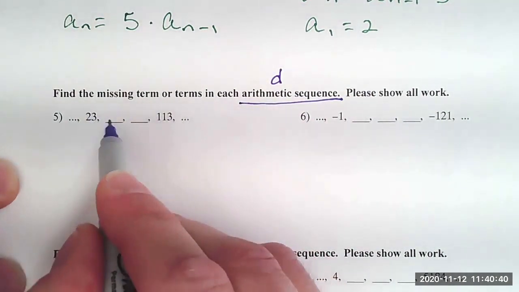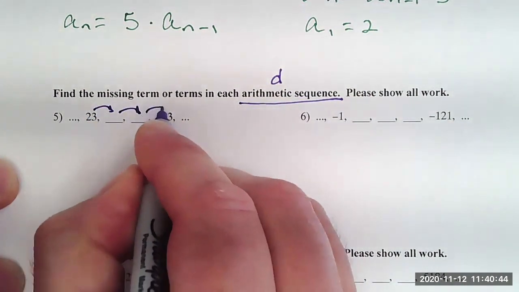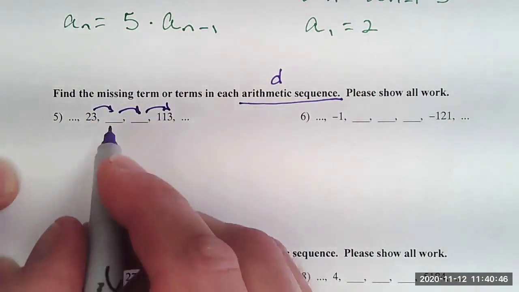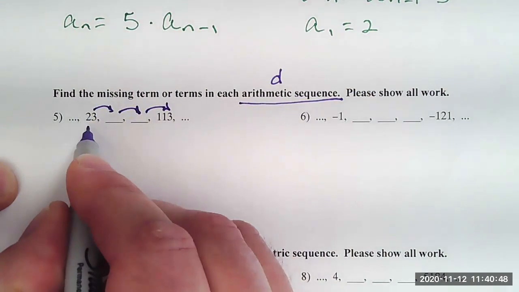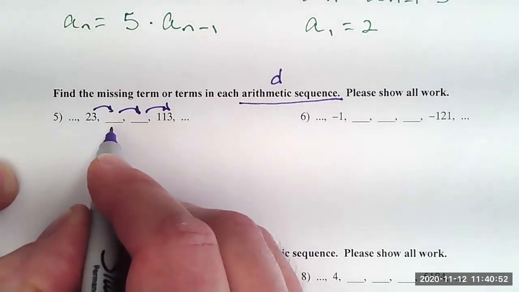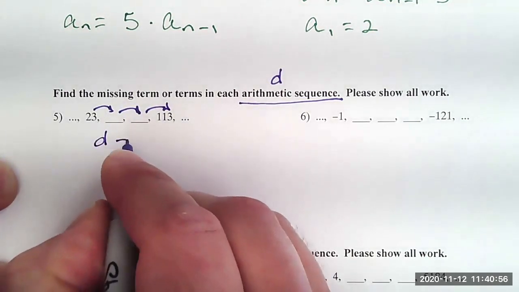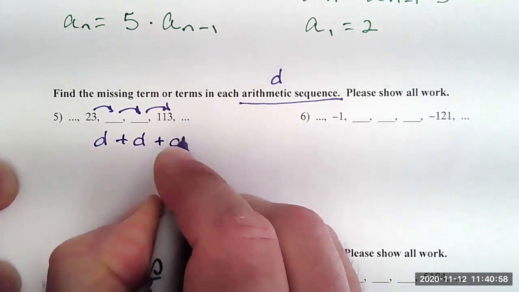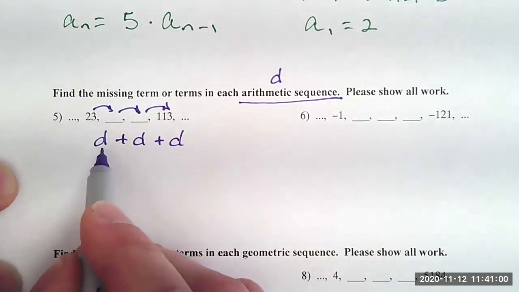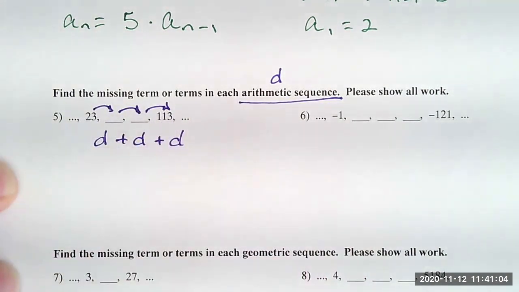So I have terms that are missing here, but I know that I am adding a D to 23. I'm adding D again to that term. I'm adding D again to that term. And I'm going to have this piece. 23 plus D plus D plus D gets me to 113. So what's my difference?